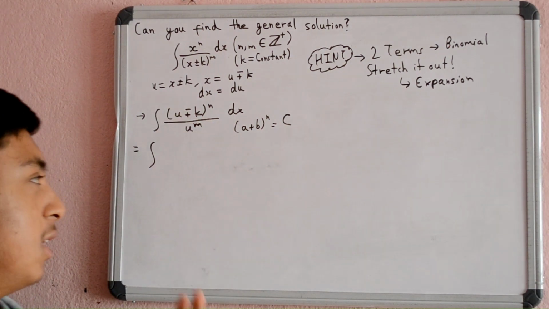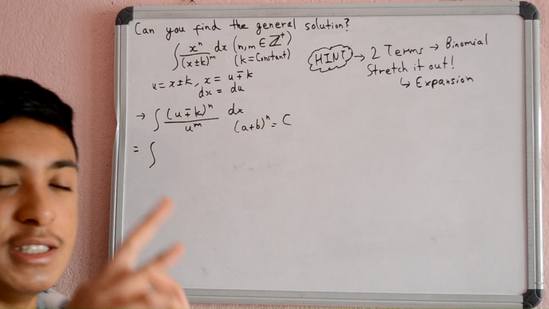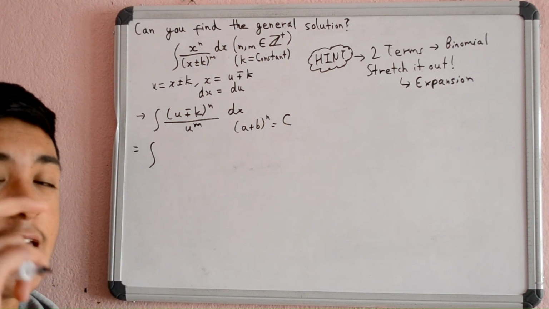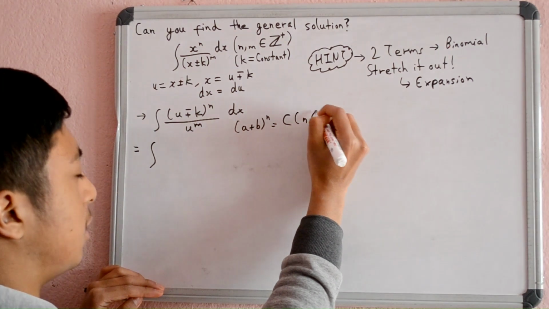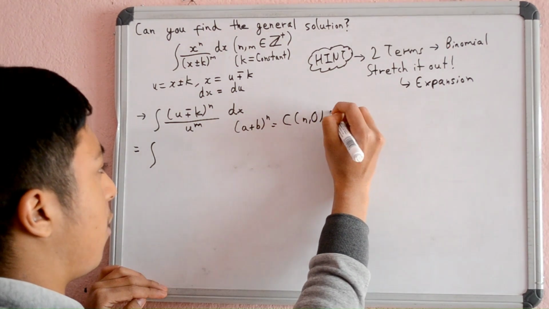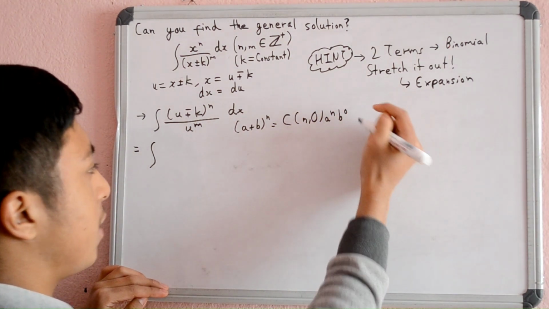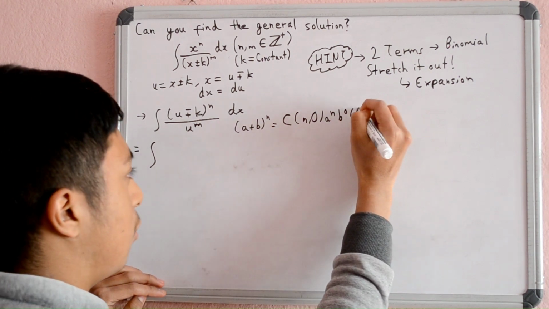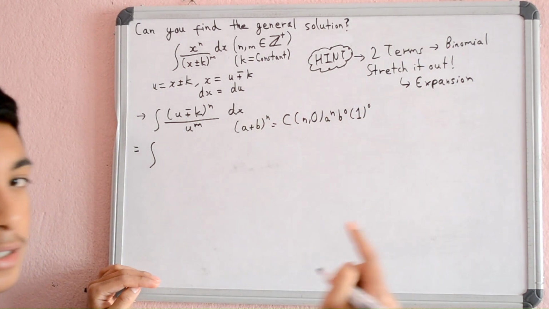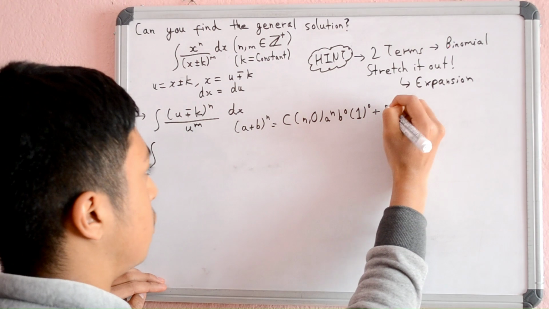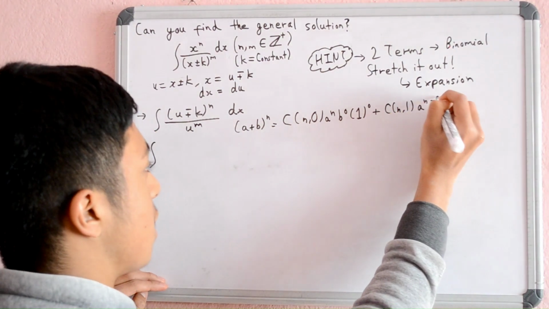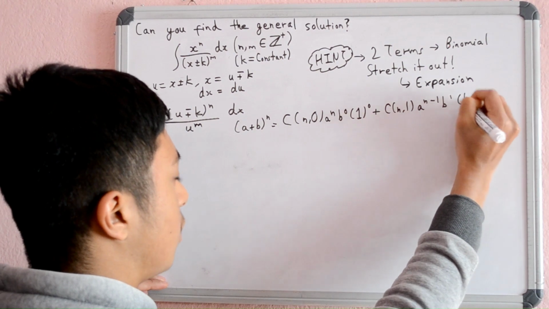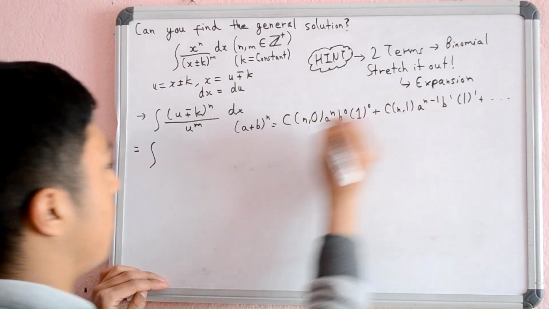However, I will just do both cases in one expansion because you can in fact do that. Let me show you. C(n,0) a to the power n, b to the power 0, and also I'm going to write 1 to the power 0. This will be easier later on. So C(n,1) a to the power n minus 1, b to the power 1, 1 to the power 1, plus, you can see the pattern.